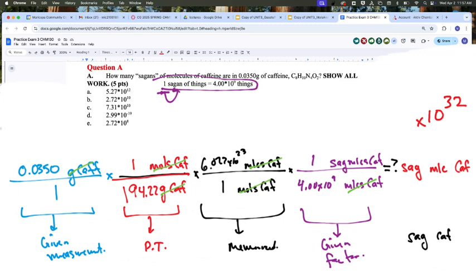If we go through and look at this, we could have just gotten away with Sagan's of caffeine. We didn't need to include the molecules. Okay? Why? Think about how we use our moles to molecules conversion. When we wrote out moles here, did anybody dispute and say, why didn't I write moles of molecules of caffeine? You just let that slide, didn't you? I didn't even realize that I did it. Okay?